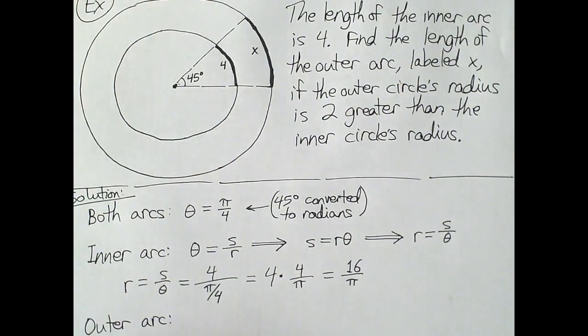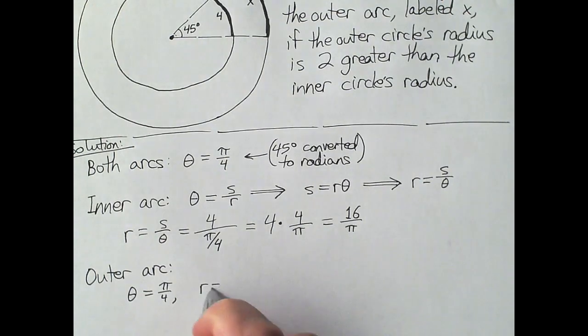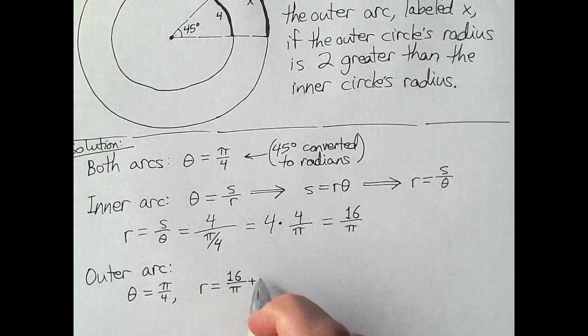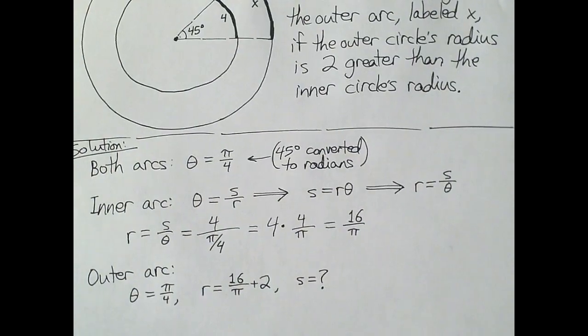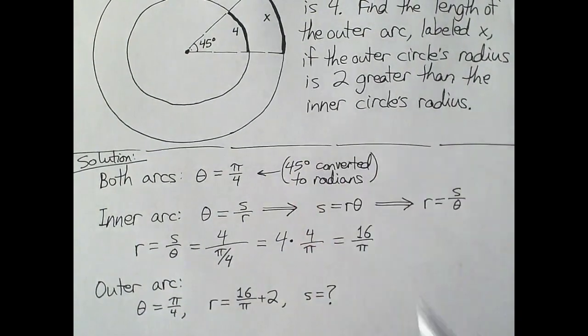Let's write everything we know about the outer arc. We know that the angle is pi over 4. We know that the radius is 16 over pi plus 2. And S is what we're looking for. It's labeled X, right? That's what we want to find.